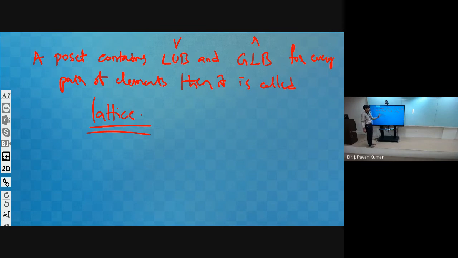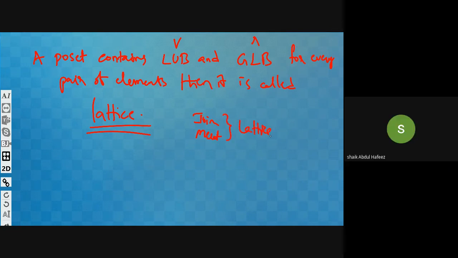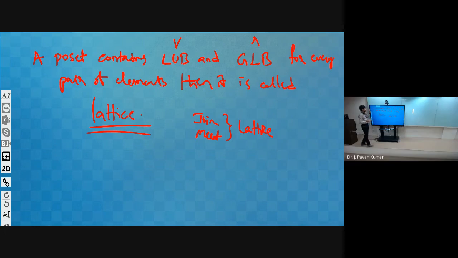Got the point? So if a poset is a join semilattice and a meet semilattice, can we claim it as a lattice? Yes. This is the definition of a lattice.